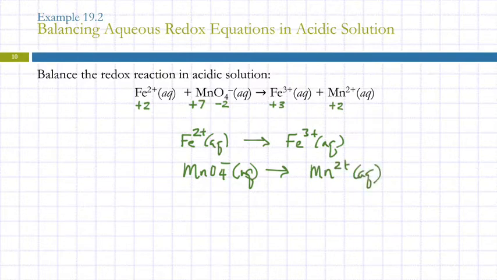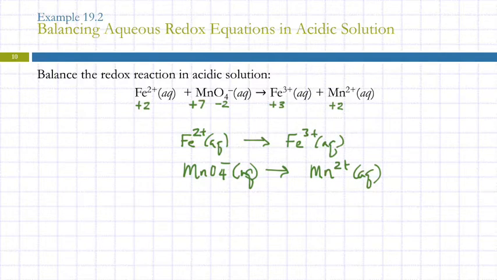So we balance with respect to mass first. So 1 iron and 1 iron. Well, that was easy. 1 manganese, 1 manganese. That also was easy. 4 oxygens, no oxygens. We can't just throw a coefficient in here. The directions say balance the oxygen by adding water molecules.